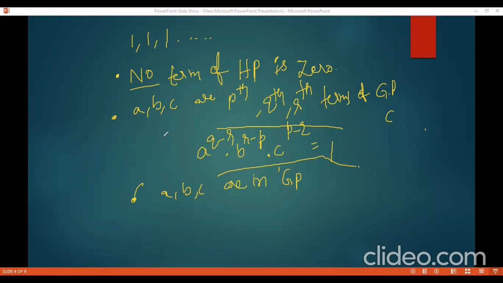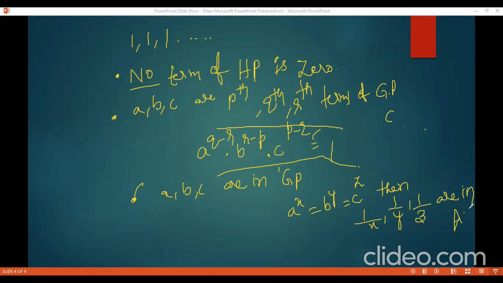If A, B, C are in GP, then in the same way, in the power form, we observe that A power X is equal to B power Y is equal to C power Z. Then what do you write? 1 by X, 1 by Y, 1 by Z. These are in AP. Got it? These should be in AP.